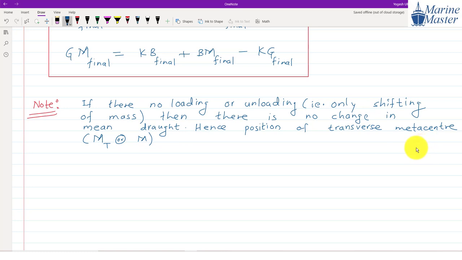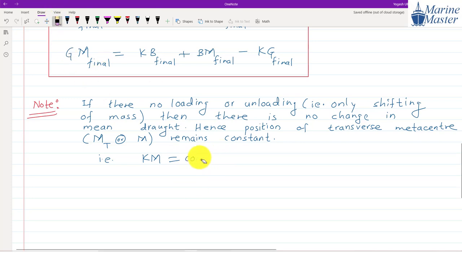The position of the transverse metacenter remains constant. That is, at the end we can say KM is constant.